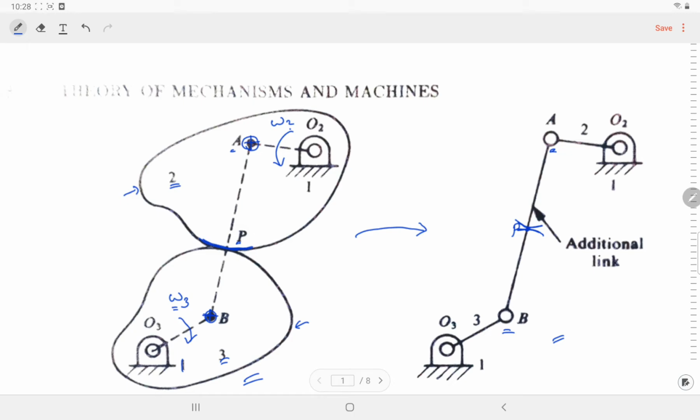For that reason, we convert it and do the analysis. If this is omega 2, then this omega 3 will be the same as that omega 3. That's how we do the analysis, by converting these higher pair mechanisms into lower pair mechanisms.